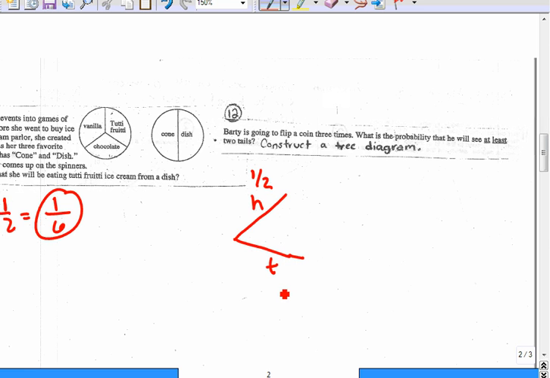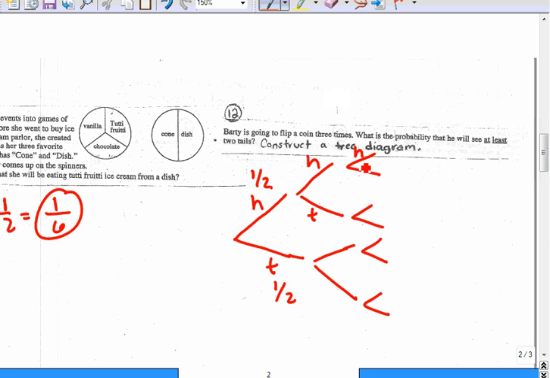It's a 50-50. He has another flip, and he has another flip. They're all heads or tails.